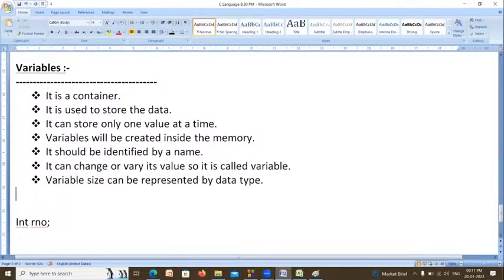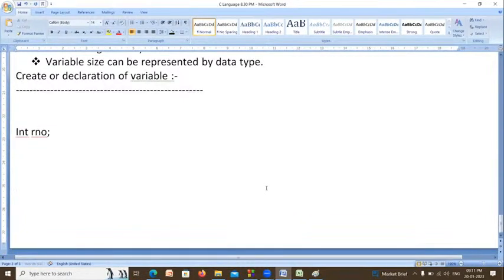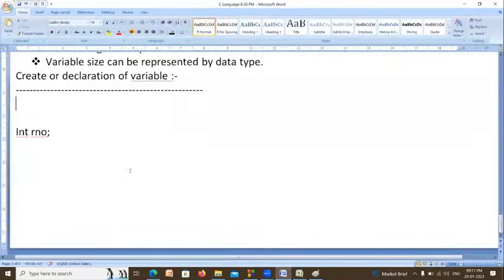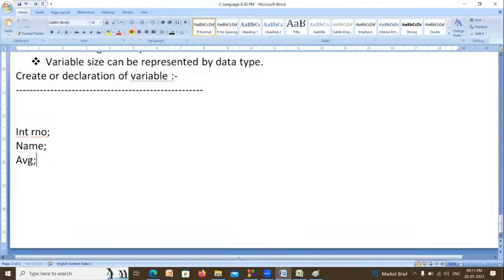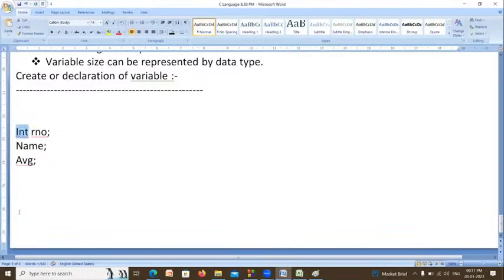Now the next one is how to create the variables. Create, or it is also called declaration of a variable. How to create a variable or how to declare a variable. See this example: I created three variables. One is roll number, second is name, third is average, AVG. The first variable contains a number, so I mentioned integer here.